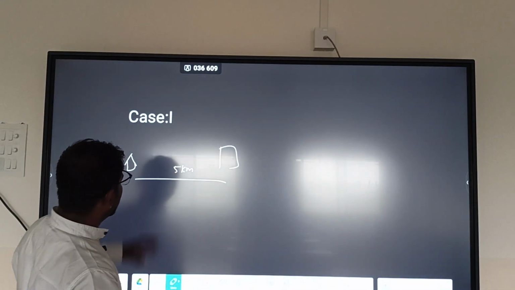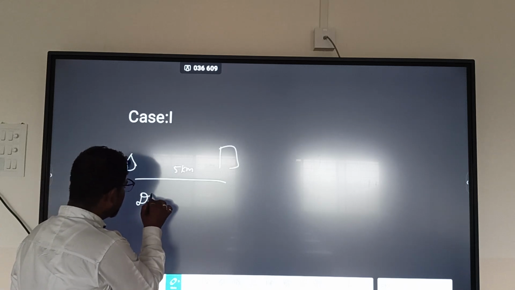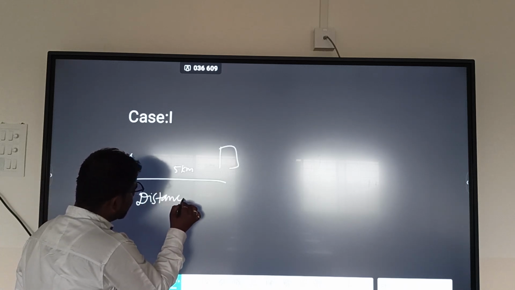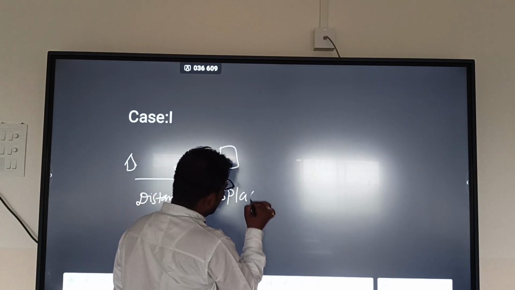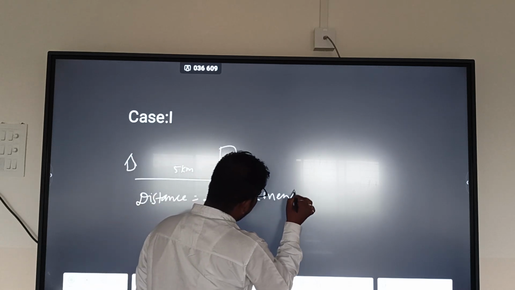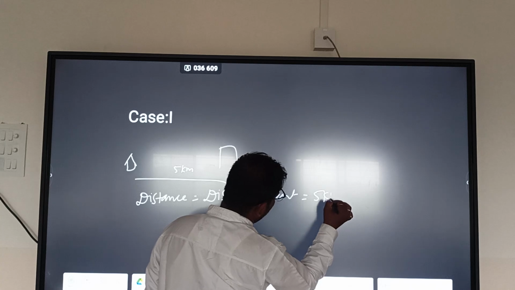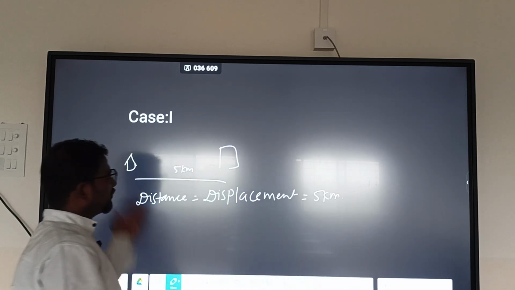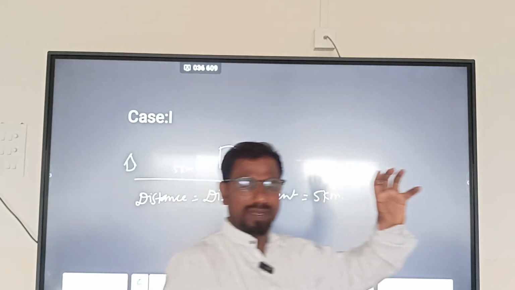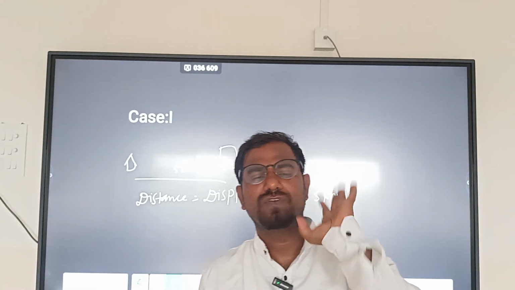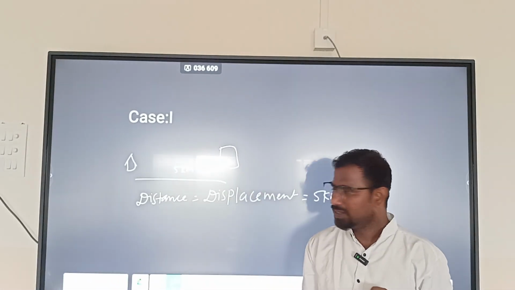Here distance is equal to displacement, both 5 kilometers, because the direction is only one. If a body moves in a straight path, distance and displacement will be equal.